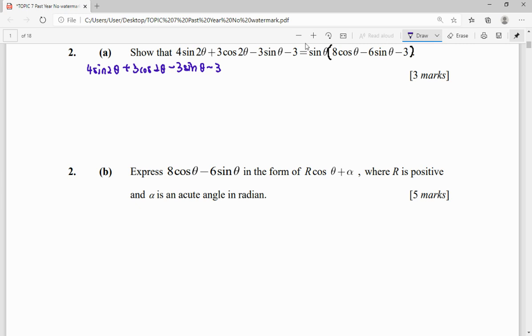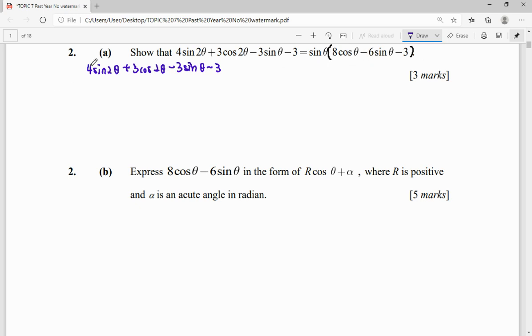So you can compare. As we compare the answer here, we have our sine. There's no change, but obviously our theta, they already changed into the single theta. So it means that we have to simplify our double angle here and try to achieve this answer.